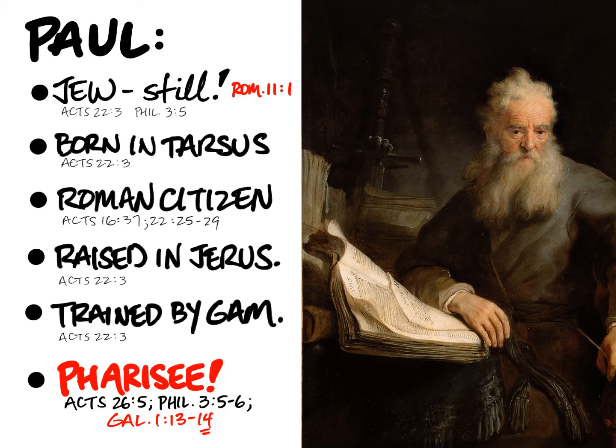We find Paul talking about this in Galatians 1:13-14, when he looked back at how he persecuted the church, and at his conversion, and he talked about how he was exceedingly zealous for the traditions of my fathers.